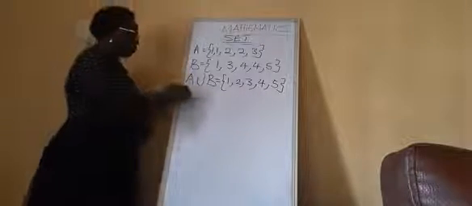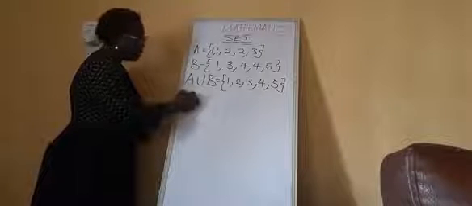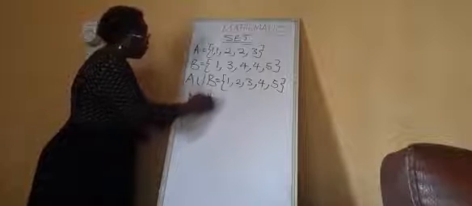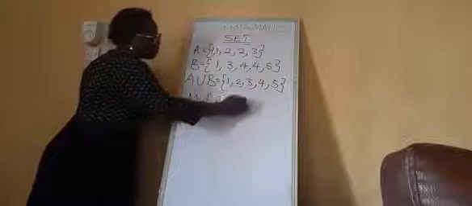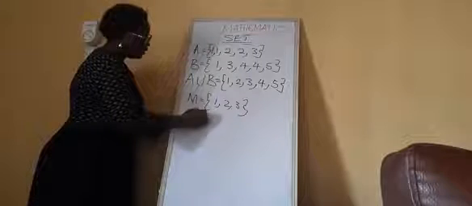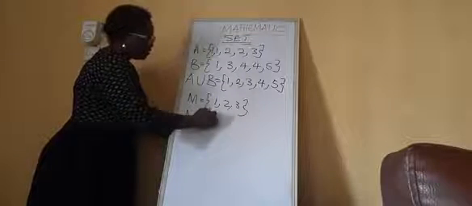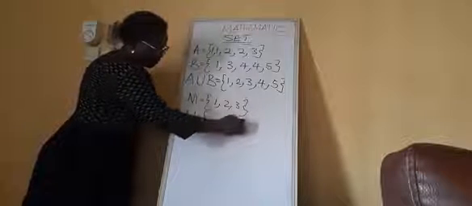Another one, if you are given a set M, and you have the elements to be 1, 2, 3, and you have another set N, the elements to be 4, 5, 6.